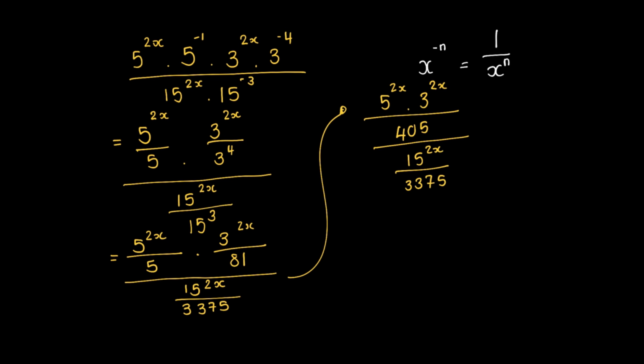So now if we want to simplify this, we're going to divide 3,375 by 405. If you punch that into your calculator quickly, that's going to give us 25 multiplied by 5 to the power 2x multiplied by 3 to the power 2x, all of this divided by 15 to the power 2x multiplied by 3. And just look at how complicated this thing has gotten.